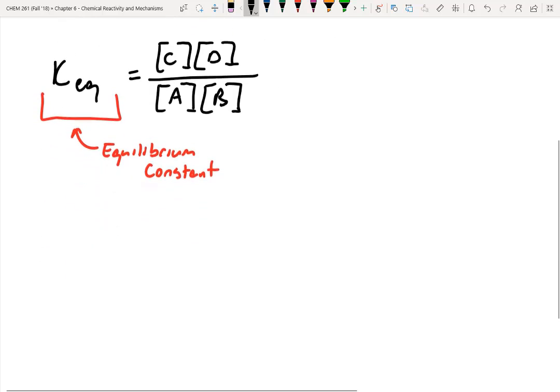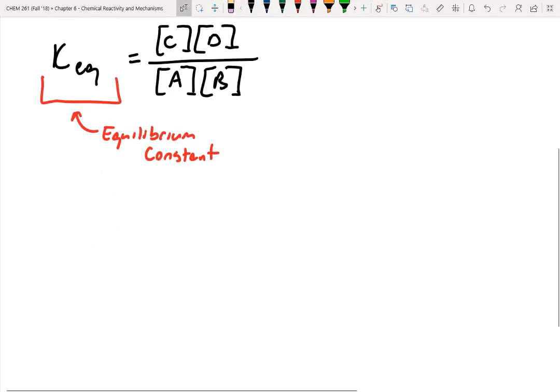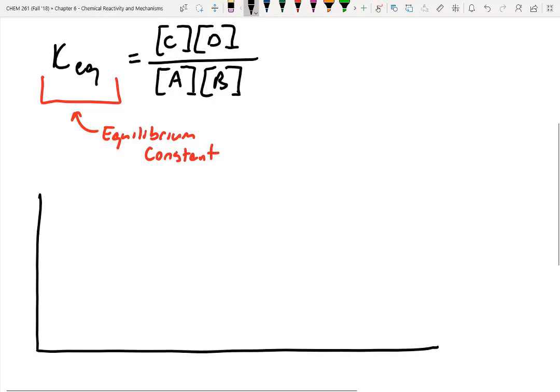So let's take a look at what this means on an energy scale. So we'll have Gibbs free energy over here. On one side, we could have only A and B. So maybe we're just hucking these into the reaction vessel.